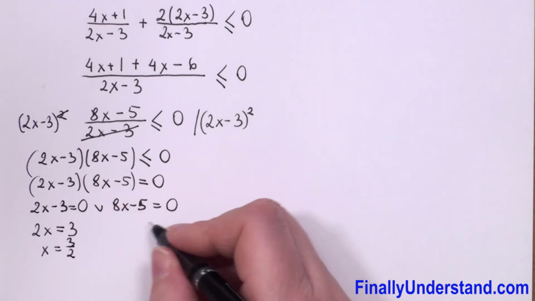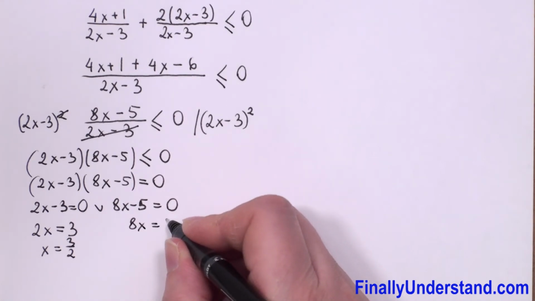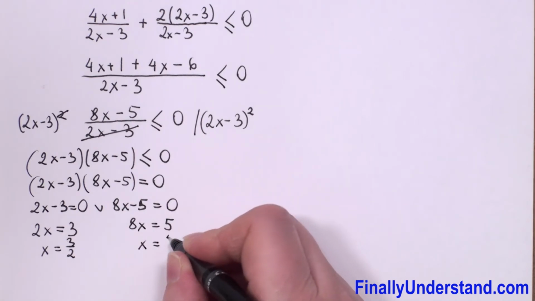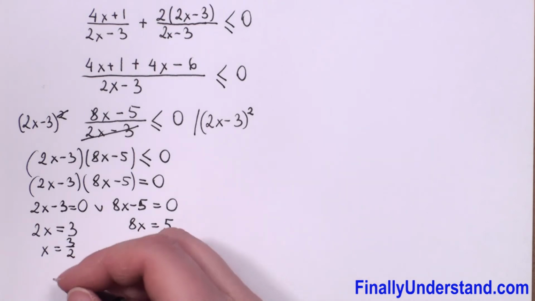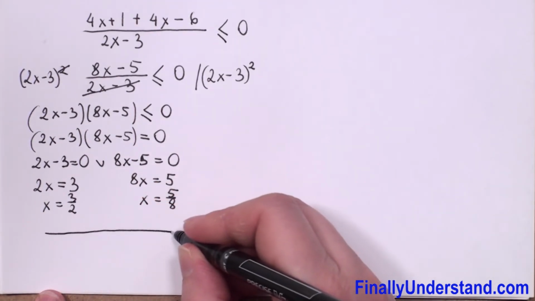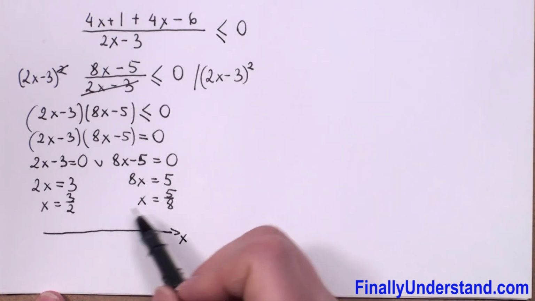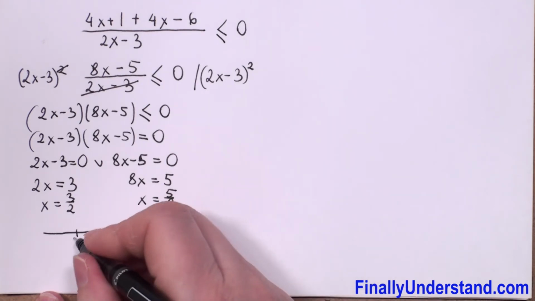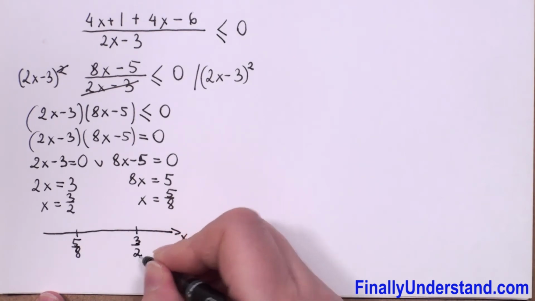And the second equation we have 8x is equal 5, so x will be 5 over 8. When we have the roots, we have to draw the graph. We have number line x. We have two roots, 5 over 8 and 3 over 2.